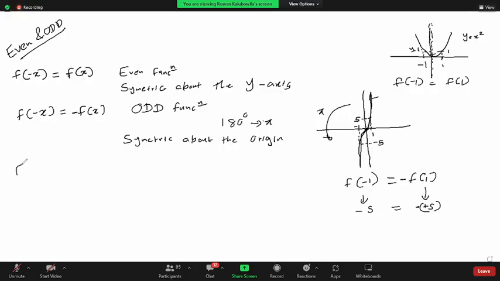Let's take some f(x). f(x) = x^4 - x^2 + 1. Right, this is f(x). Now let's take f(-x). I need to find out whether this function is odd or even.